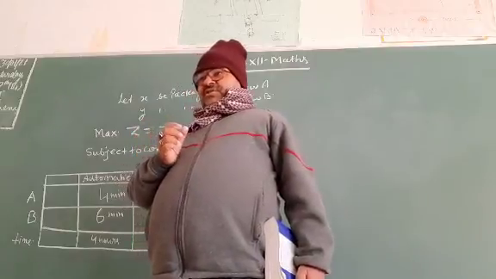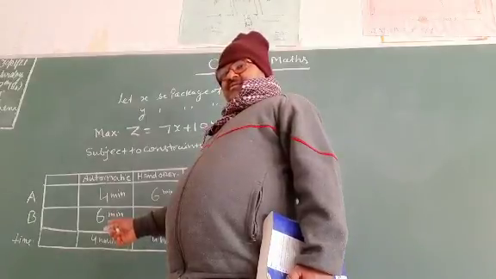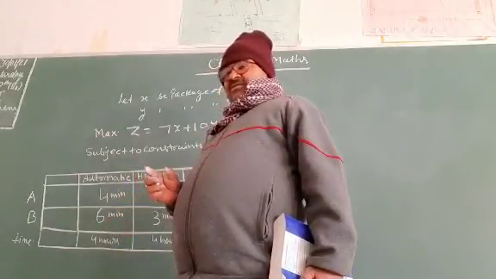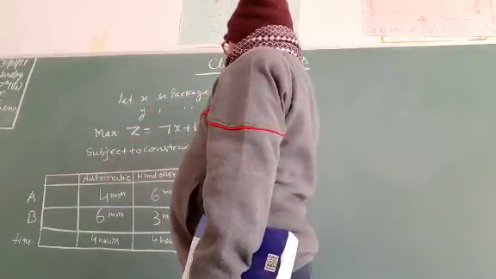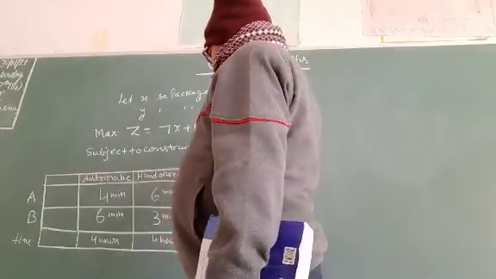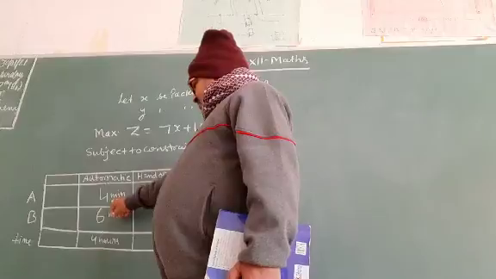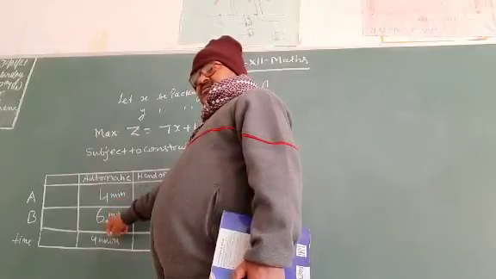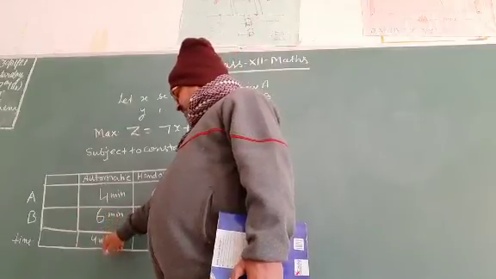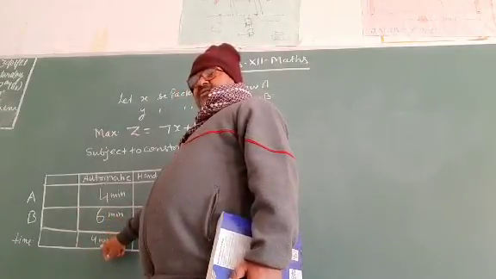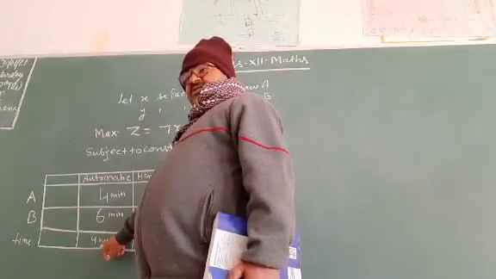So the inequalities formed from this table: let x be the package of screw A and y be the package of screw B. So 4x plus 6y is less than or equal to 4 hours, that is 240 minutes. Clear?